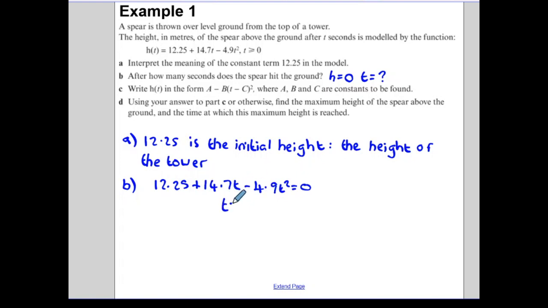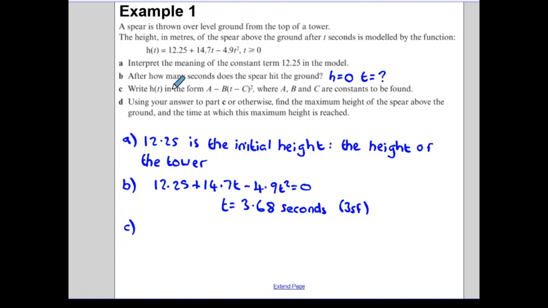Your calculator will give you an answer, 3.68, so 3 significant figures. So that's when the sphere hits the ground. It'll give you another value as well, a negative, but we discount that because t has to be positive. It's time from 0 onwards.